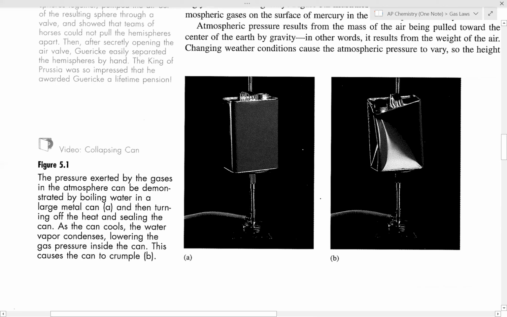The reason is not because a vacuum is created, but because the pressure outside the can is actually larger than the gas pressure inside. And that is what crushes the can.